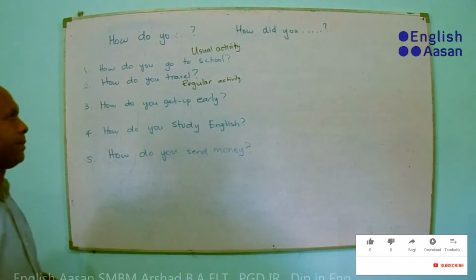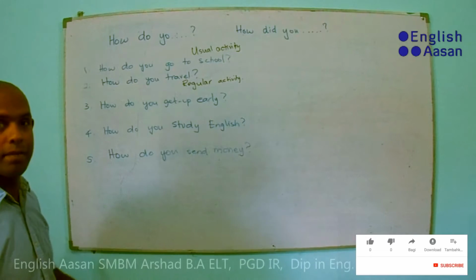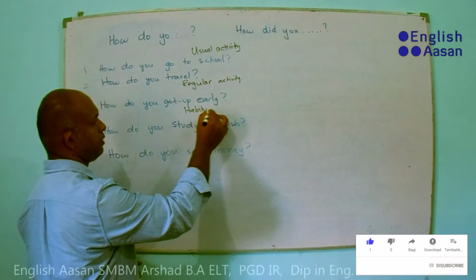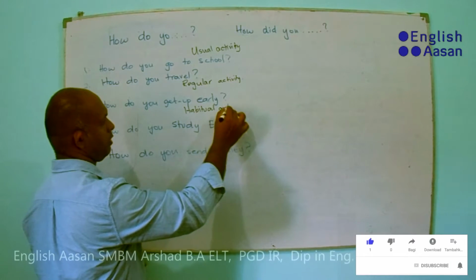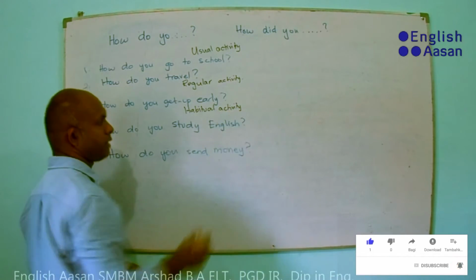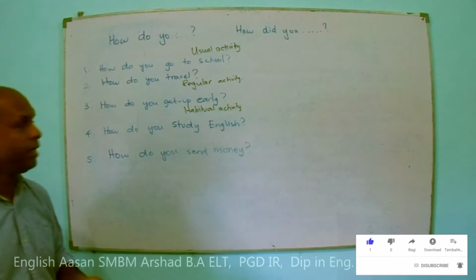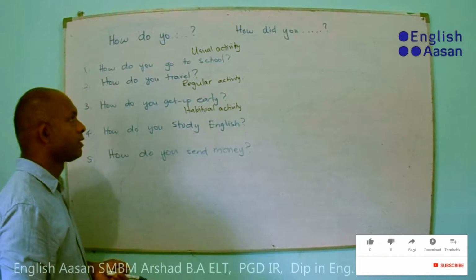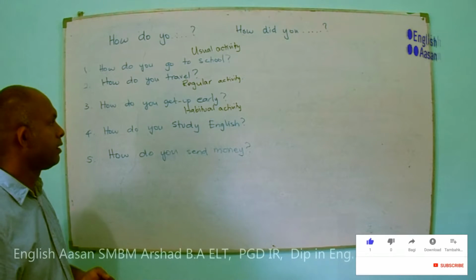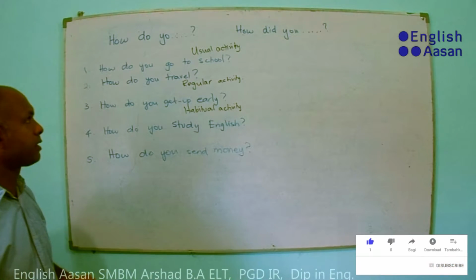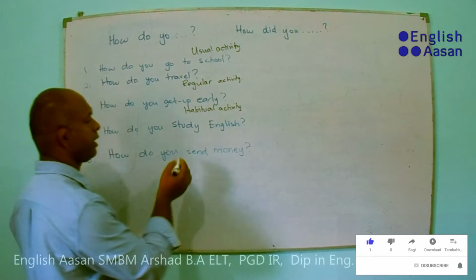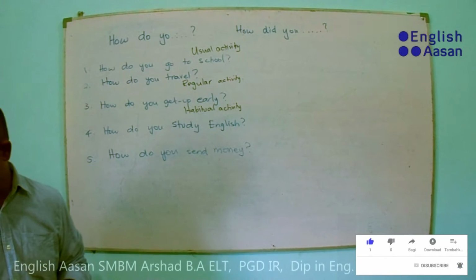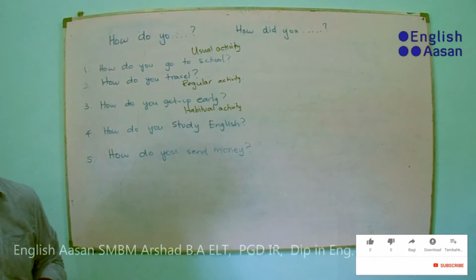And how do you get up early? It's a habit. It's a habitual activity. It's a habit of the person. He gets up early every day. How do you study English? It's a regular or usual activity, or his habitual activity.